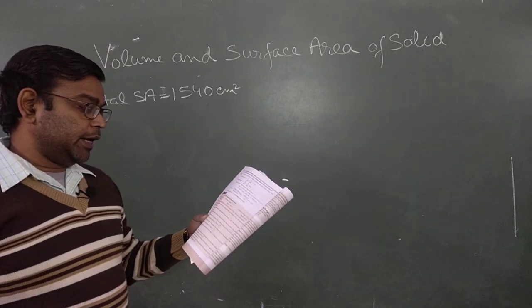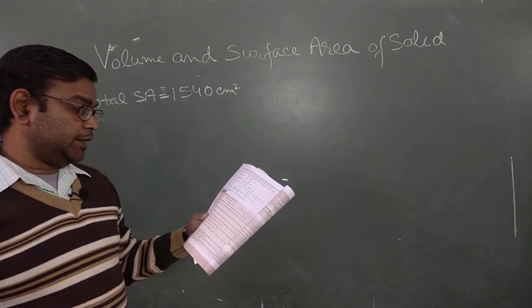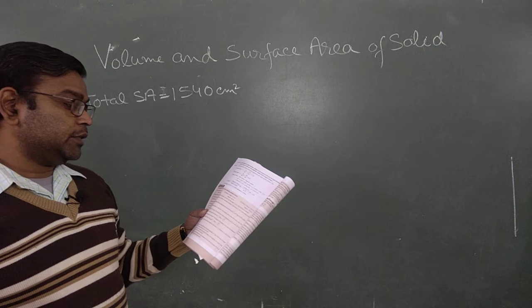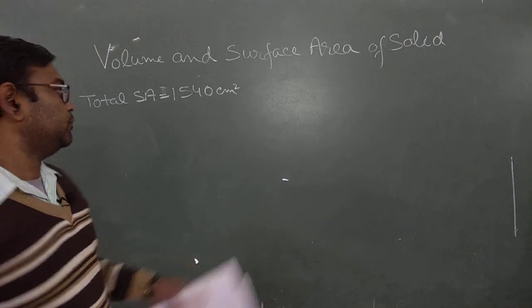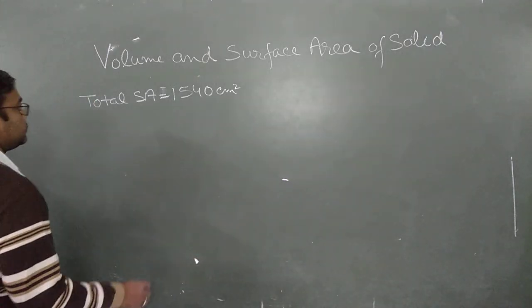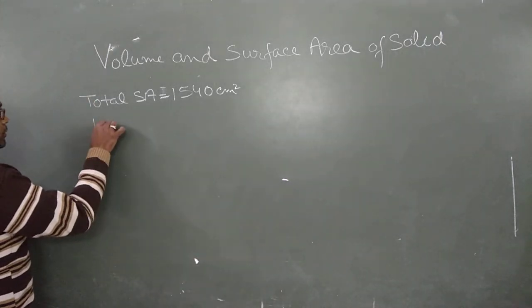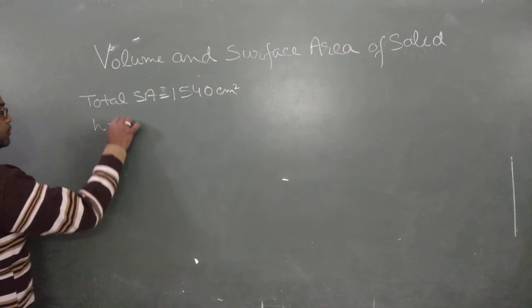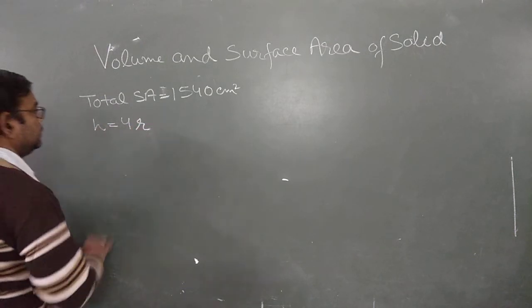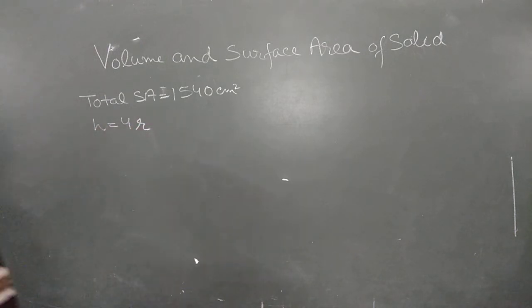If its height is 4 times the radius, then find the volume. Height h is 4 times the radius r.